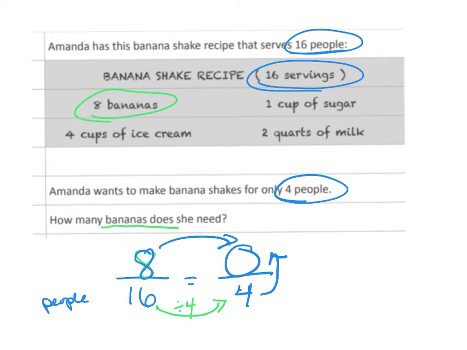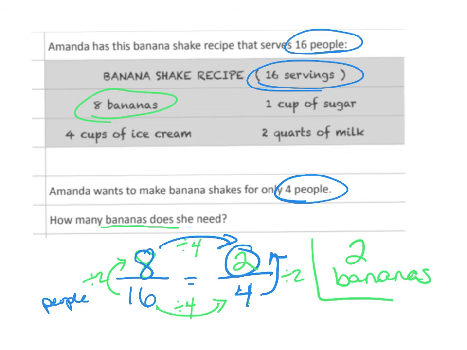Or I can figure out what I do to 16 to get 8. There I divide by 2. So I can either do 4 divided by 2 or 8 divided by 4. Either way, what's 4 divided by 2? 2. What's 8 divided by 4? 2. So our answer is 2 bananas. I don't care which way you go, whichever way is easiest for you.